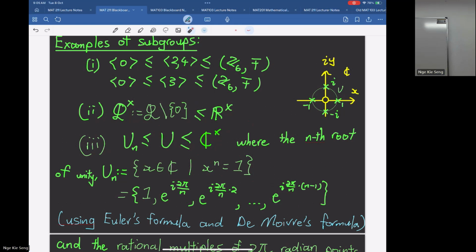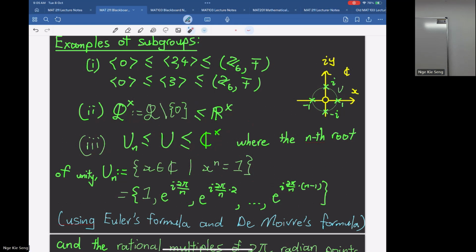Speaking about this root of unity, you can write it out in a form. What is the name of this complex form? Radius and argument.